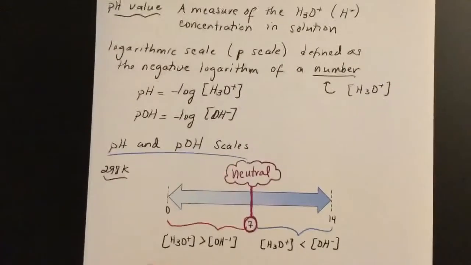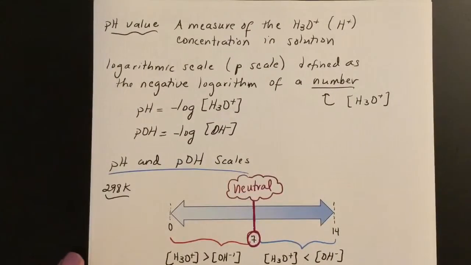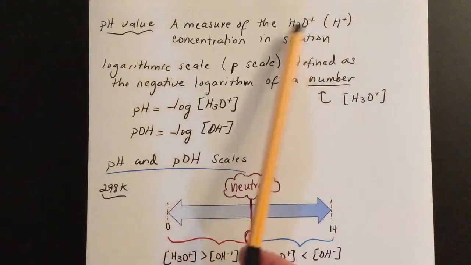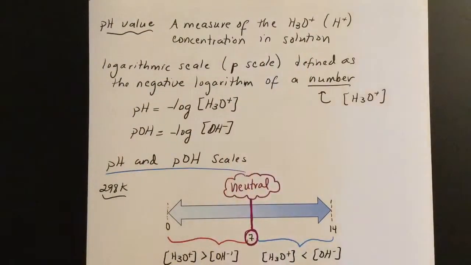Now, the autoionization of water is very important for many things, and one of them is explaining the pH concept. pH is a measurement of hydronium concentration in solution, or how many protons you're actually getting in solution.